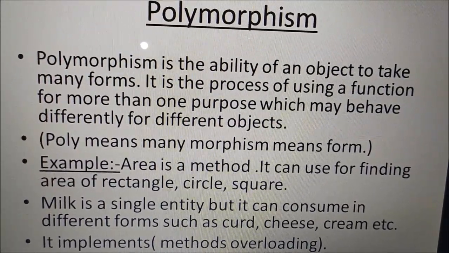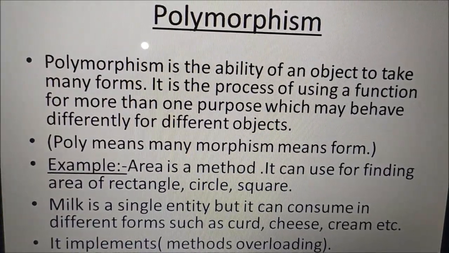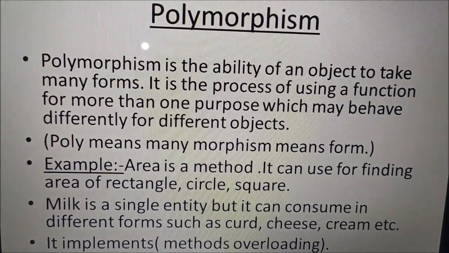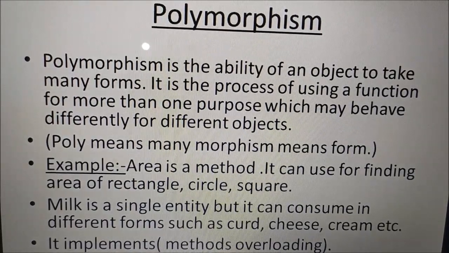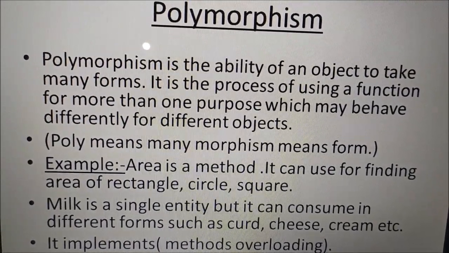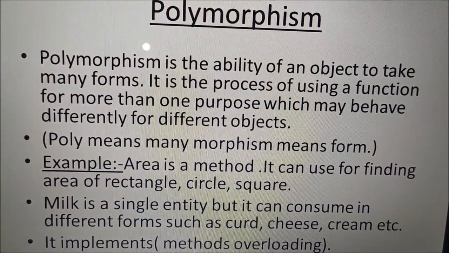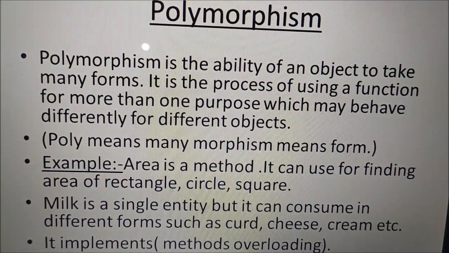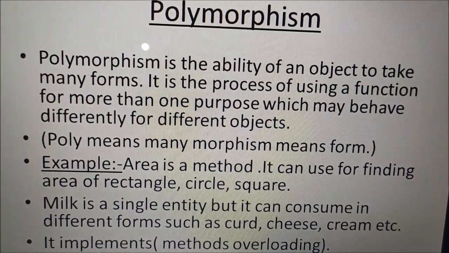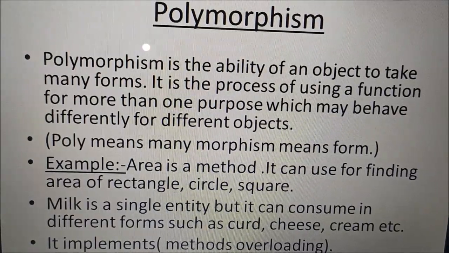Suppose the method in a program is area. The name of the method is area, but it behaves differently for different objects. For a rectangle it calculates the area of a rectangle, for a circle the area of a circle, for a square the area of a square.